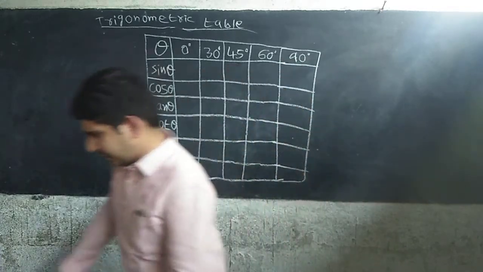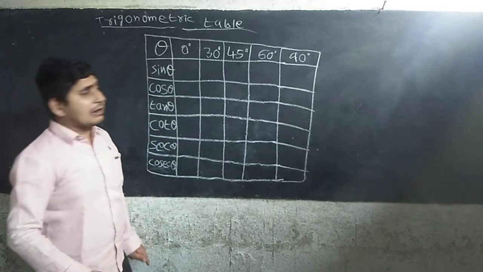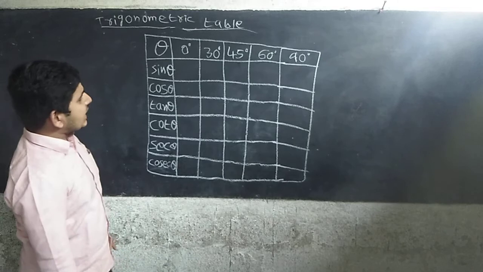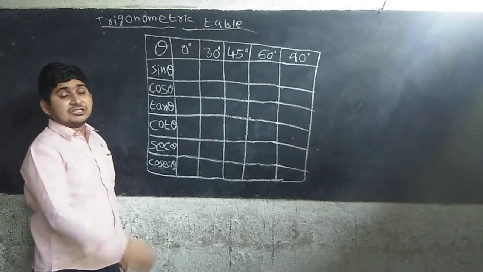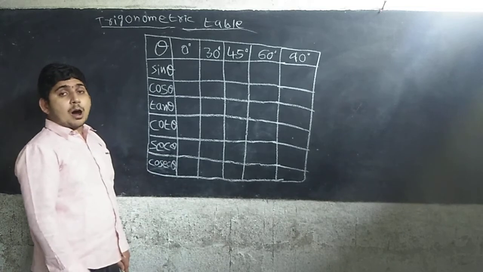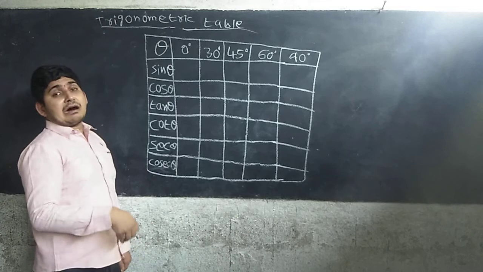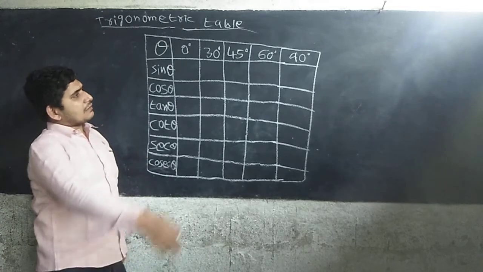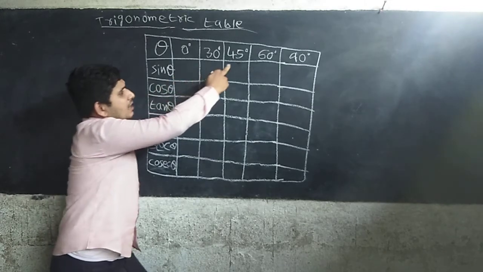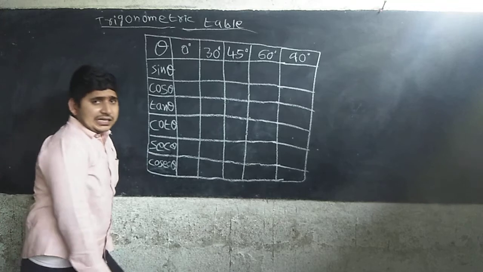Now here in the trigonometric table we can find all the values of all trigonometric ratios of all the specific angles, that is nothing but 0, 30, 45, 60, 90.